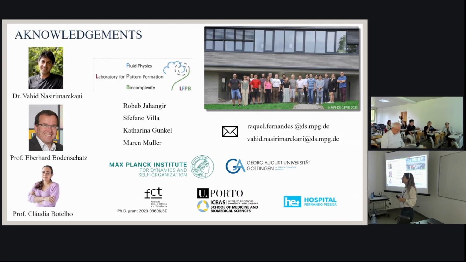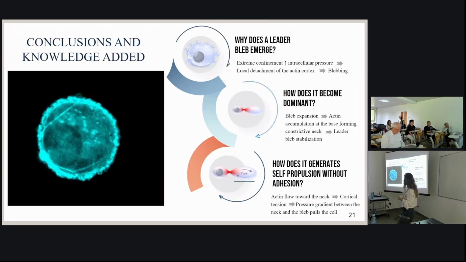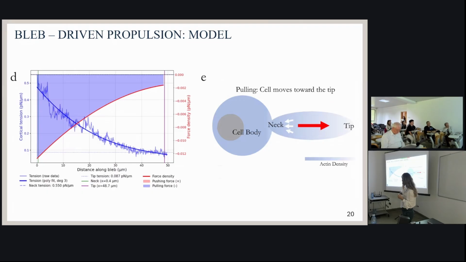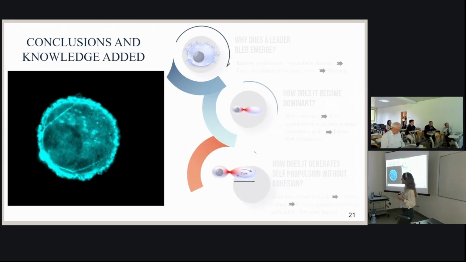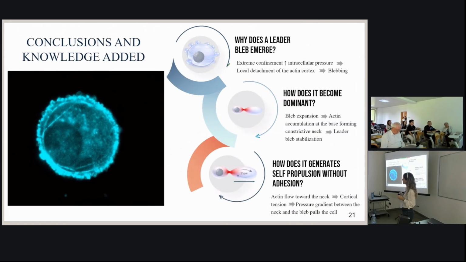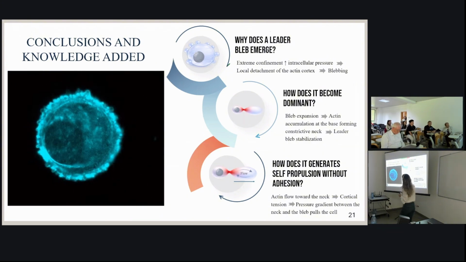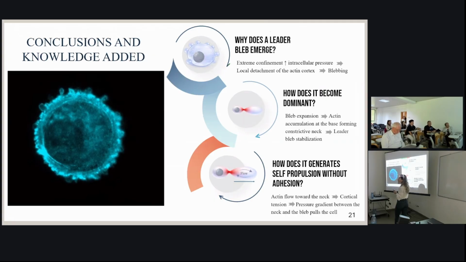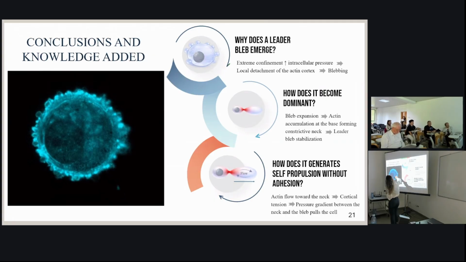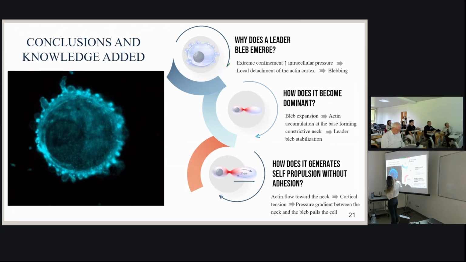Just because I'm the chair, can you go back to the last video you showed? Could you please comment a little bit on where the extra actin that comes from the outskirts of the cell occurs? From the outside spots, you see you start here. Yeah, for example.